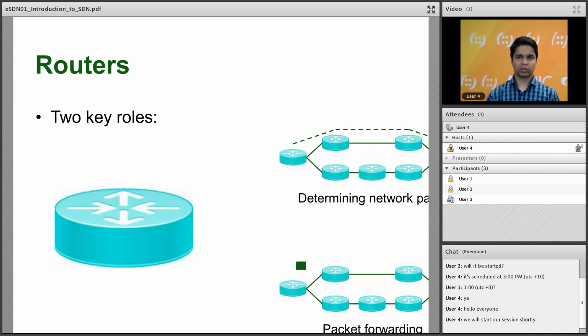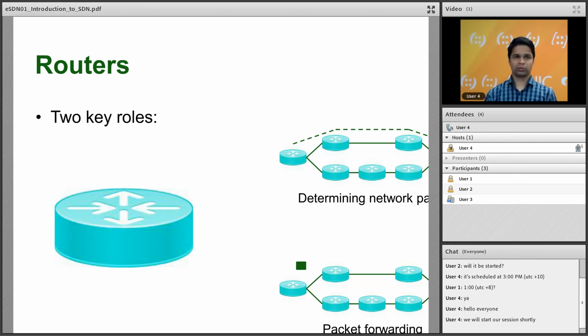A number of routing protocols, both internal and external, are available today to perform this function. So we have OSPF, IS-IS, and other IGPs. We also have BGP as an exterior routing protocol. And the next function is to forward packets along the path they have determined. So it's basically these two functions done by the routers.